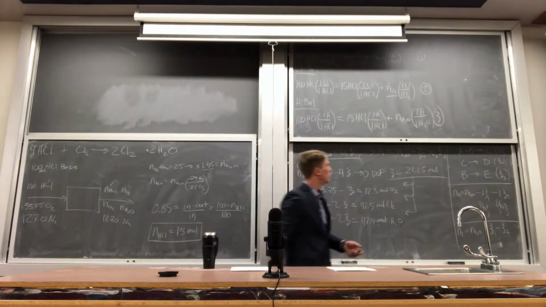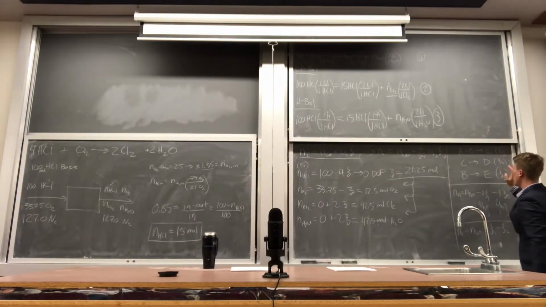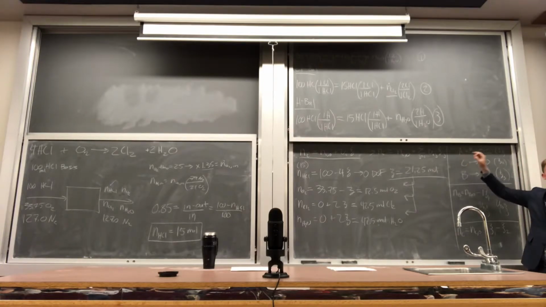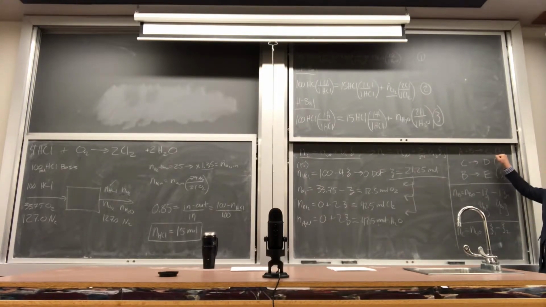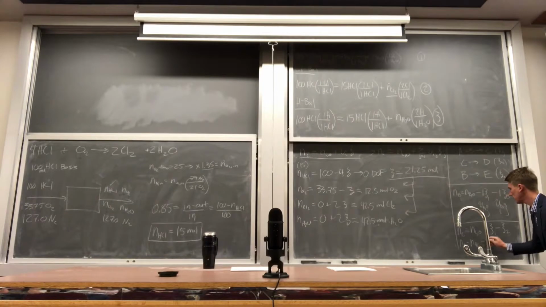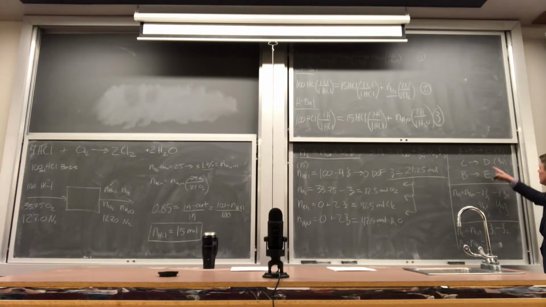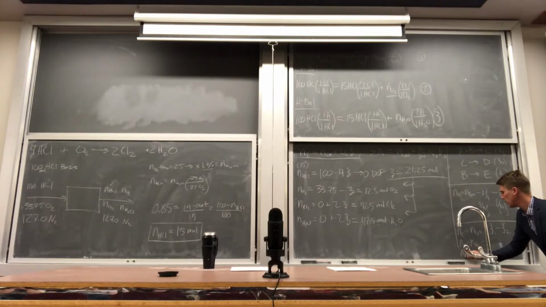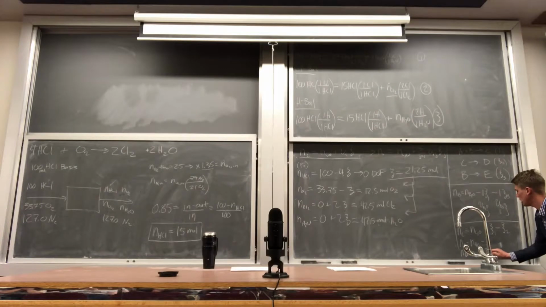So let's just do it in our heads really quickly. For A, our equation is NA equals NA naught minus extent 1. And let's see, 1, 2, 3. So we're missing D. ND is equal to ND naught plus extent 2.